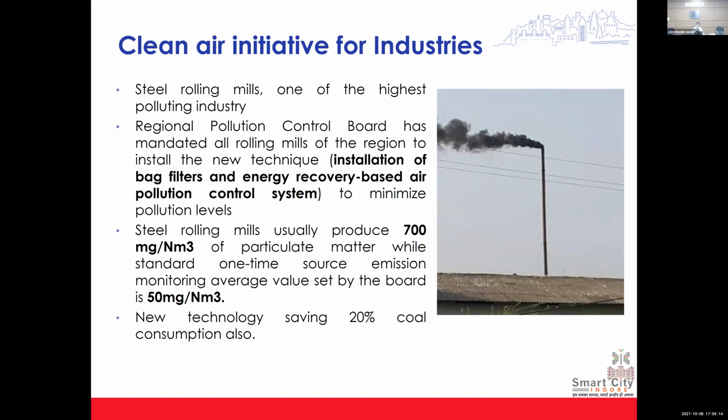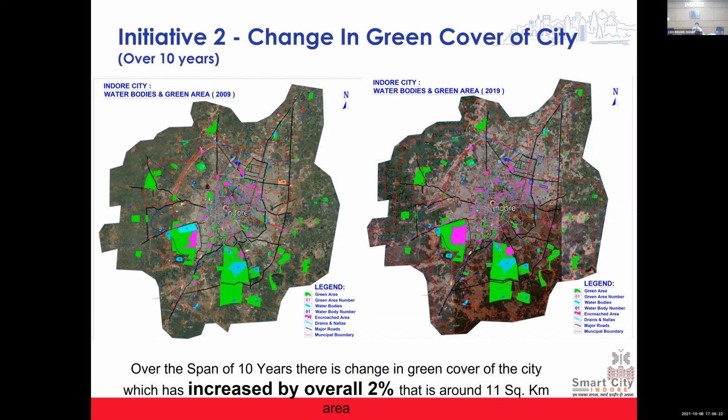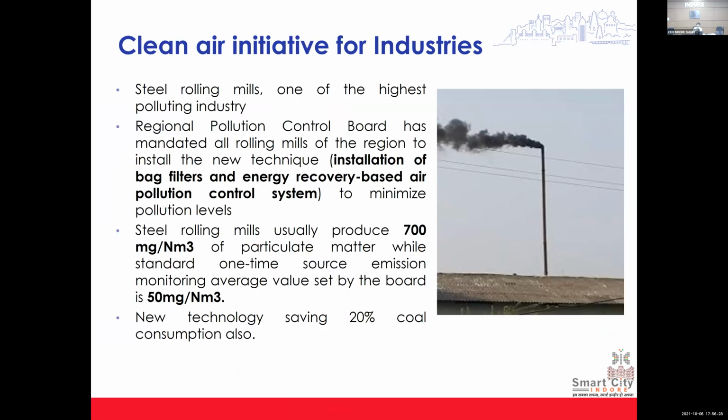After these interventions, we have achieved the industry standard of 50 mg per normal cubic meter. So this has been a tremendous achievement for us. Also, this technology has led to a saving of 20% coal consumption. So all in all, we are saving a large amount of carbon by such kinds of initiatives.